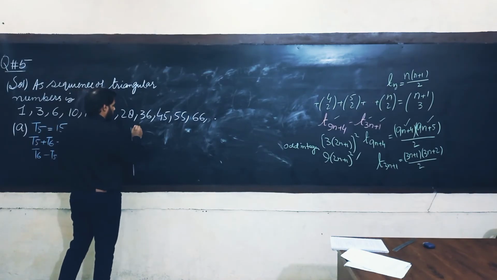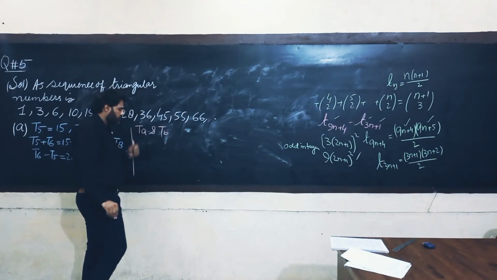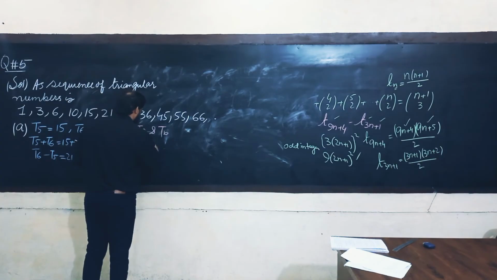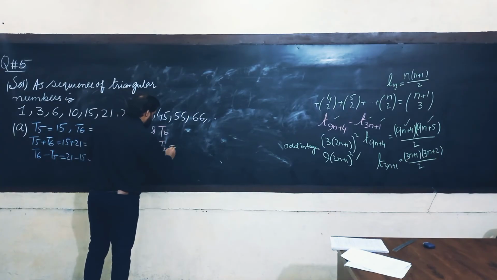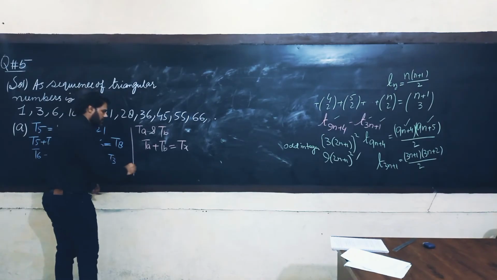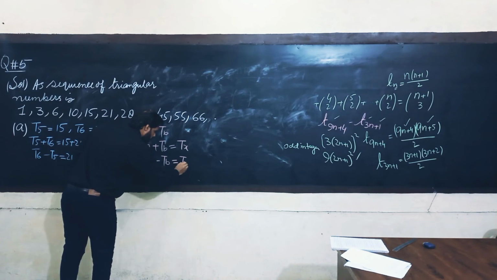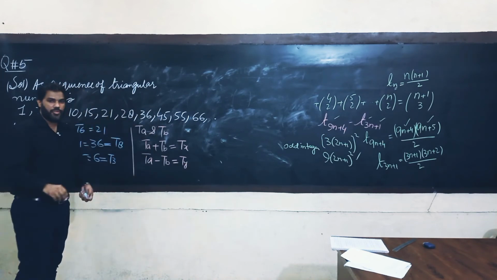We suppose TA and TB are two triangular numbers such that their sum is equal to a third triangular number TX, and their difference is equal to a third triangular number TY.